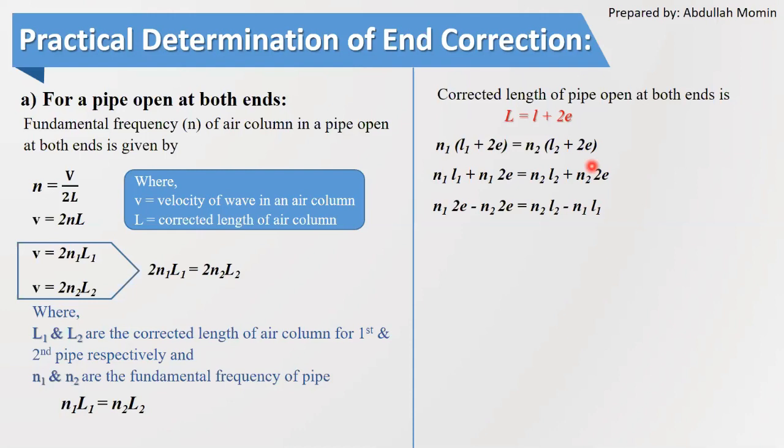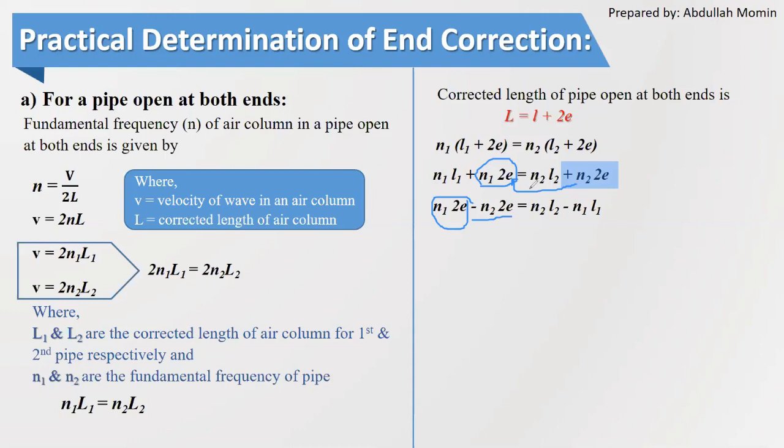Now we are going to bring this term, plus N2 2E, to the other side of the equal sign, and when it comes to the other side, we write it with a minus sign. So N1 2E can be written as it is, but plus N2 2E, when it comes to the other side of the equation, is written as minus N2 2E.